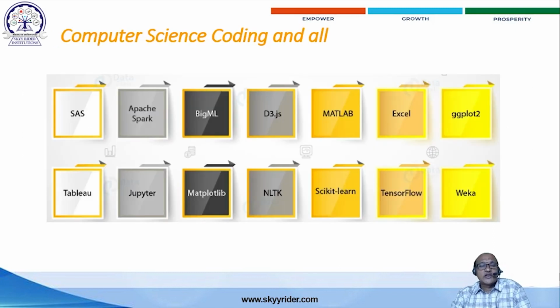Computer science and coding. Everyone knows coding. Is it very essential? No. Some jobs relate to coding, some jobs involve the analysis part. Earlier, data science was based only on statistical applications like SAS. After that, with rapid development in software, many different software entered the market. Not only specific applications, data science applications are also encapsulated in particular software like Apache Spark, BigML, D3, MATLAB, Excel, Tableau.